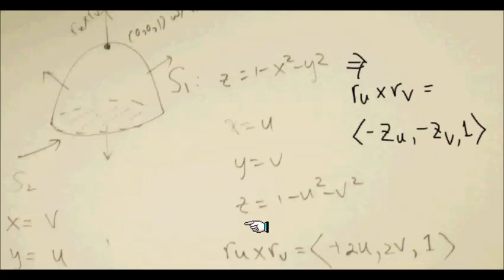So this will never be a zero vector because there's always a 1, so that's a nice parameterization. So we have to sample one point, just say this one at 0, 0, 1, which corresponds to u equals 0 and v equals 0. If you plug it in there, the vector is 0, 0, 1.